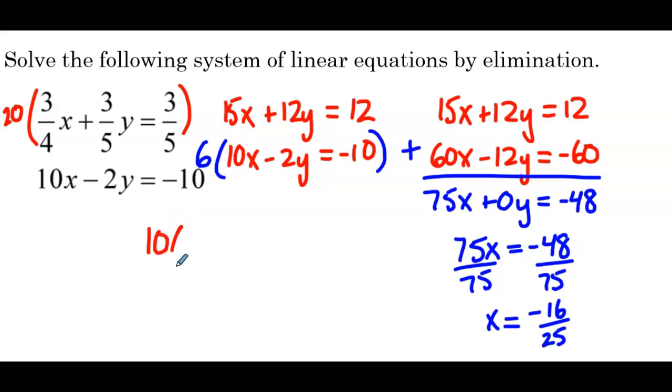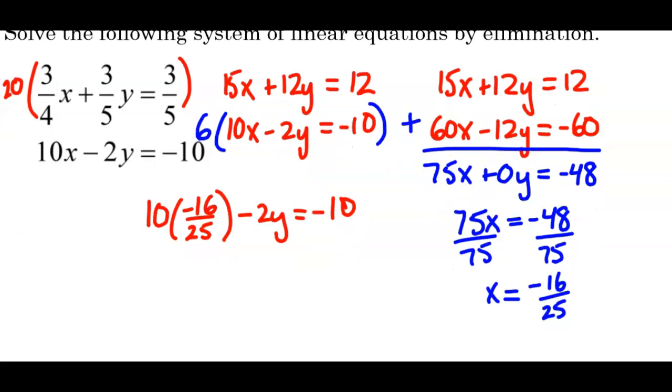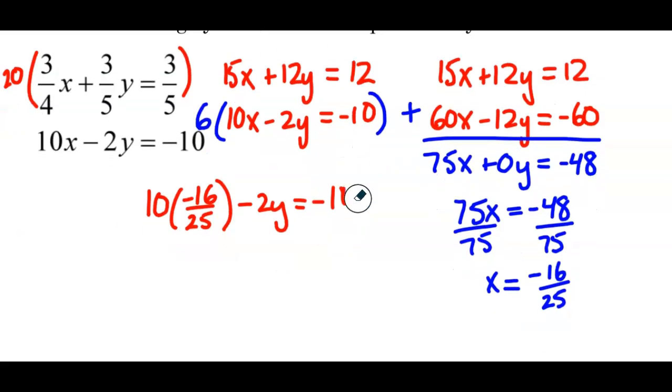So 10 times negative 16 over 25 minus 2y equals negative 10. Okay, so here 10 and 25 reduce, so it would be 2 and 5.